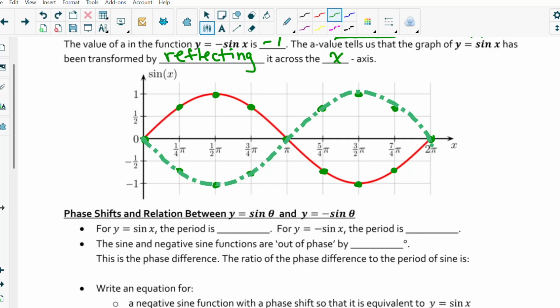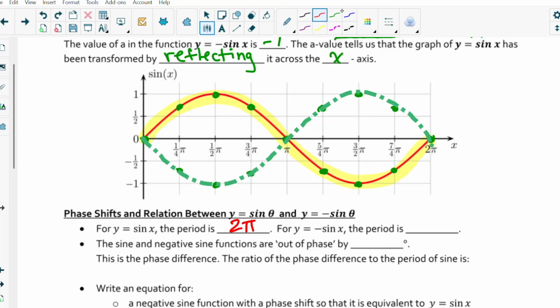For y equals sine of x, the period is 2 pi. So when we do one full cycle here, red graph, one full cycle, folks, that's 2 pi.